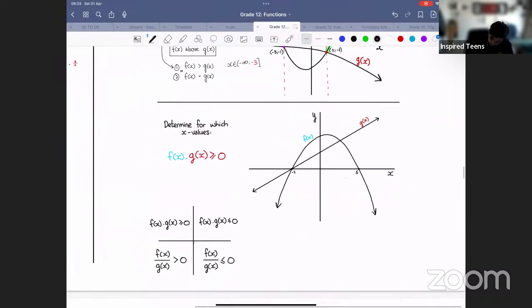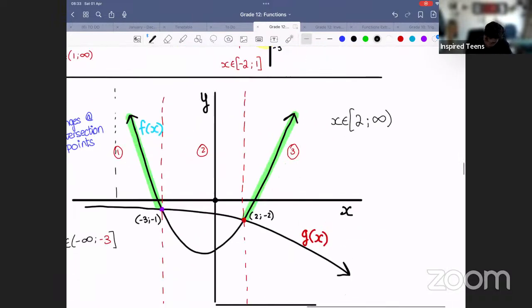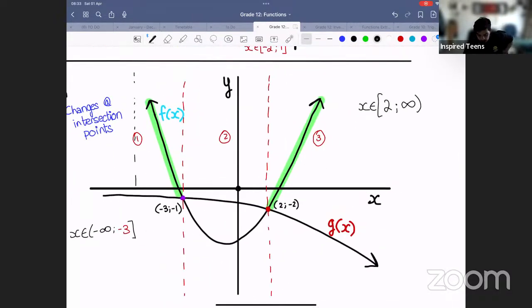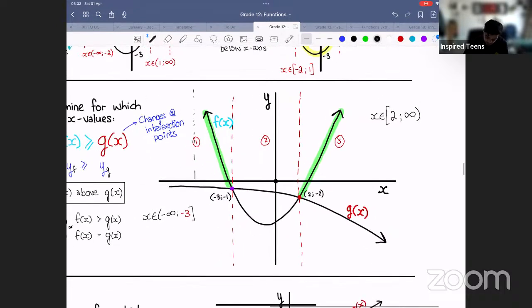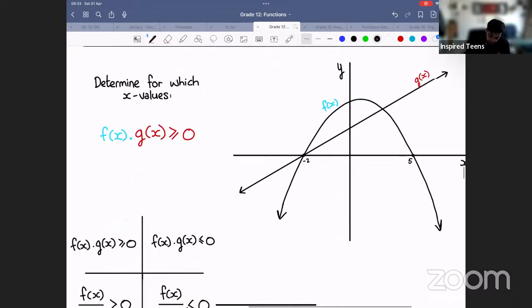For this one, I'm going to try and do 2, and we'll take it from there. I hope everyone understands that. Let's continue. Determine for which x values f of x times g of x is greater than or equal to 0. What does this mean?